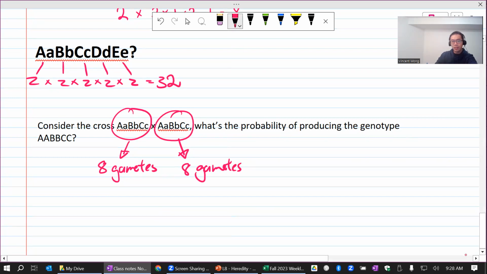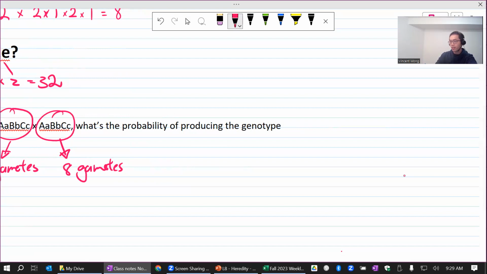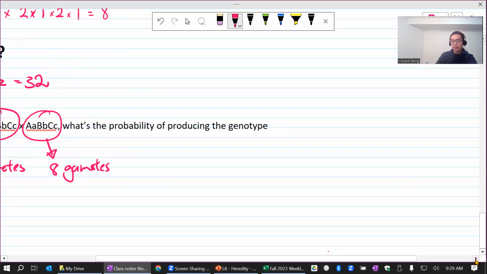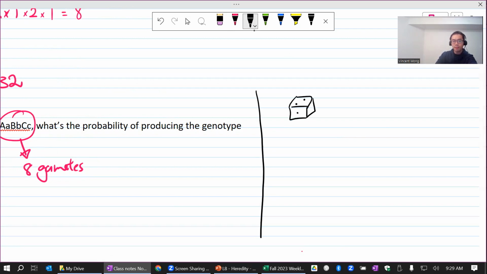Yes, Muzade, you got the right answer. The second one is correct, yeah. But I want to give you guys a quick lesson on probability. So this is a dice. I think they look like that.